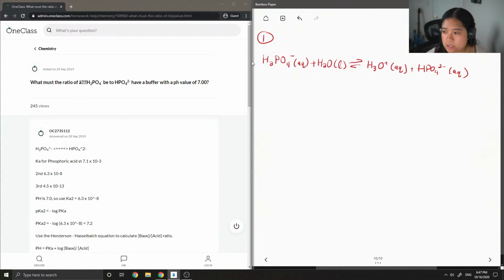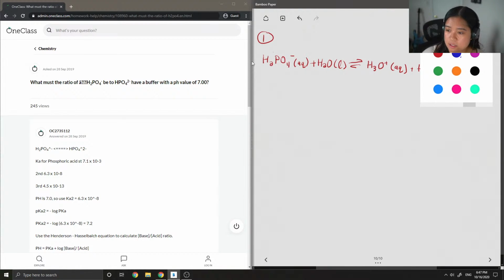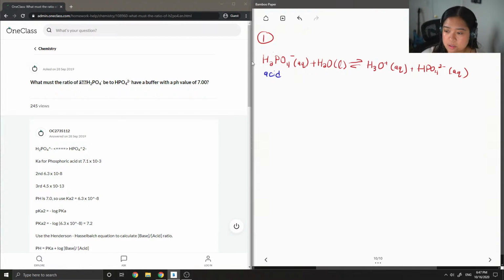Okay, so now we're just going to figure out which one's our acid and which one is our base. So again, let me just change the color. The H2PO4 minus will be our acid, and here the water will act as a base. I'll just give the Bronsted-Lowry definition of acid: it's the one that donates the proton, and the base is our proton acceptor.